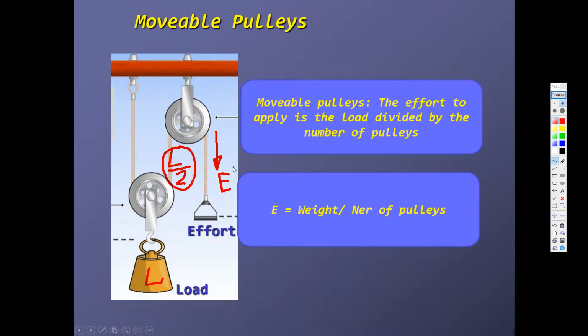So as a conclusion, the effort I have to apply on this side, in this case, is half the load or the weight I have in the movable pulley. This is a system with two pulleys. In general, depending on the number of pulleys, we are reducing the effort we have to apply. So this system has mechanical advantage.